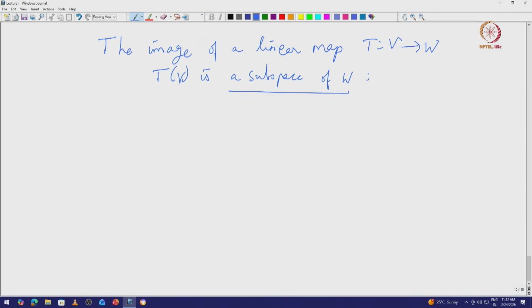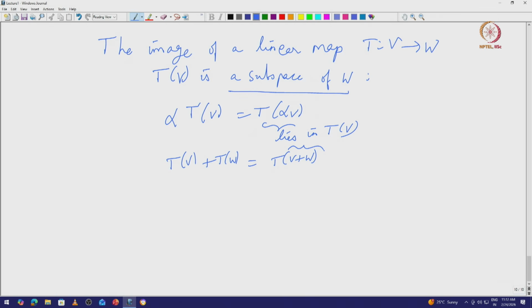It must be closed under addition and scalar multiplication. So for example, if you take a T of v and you multiply it by alpha, by the property of linearity, it's T of alpha v. So this lies in the subspace. Likewise, if you take two vectors from the subspace and add them, by definition of a linear map, it is T of v plus w, and this also lies in the subspace.